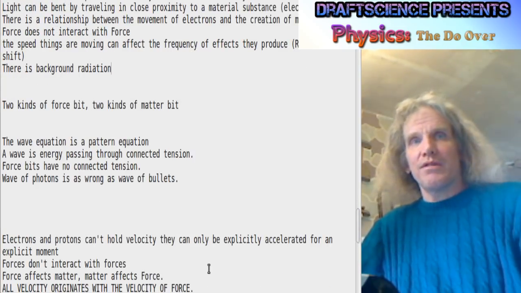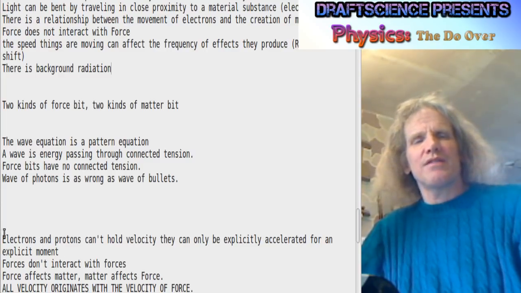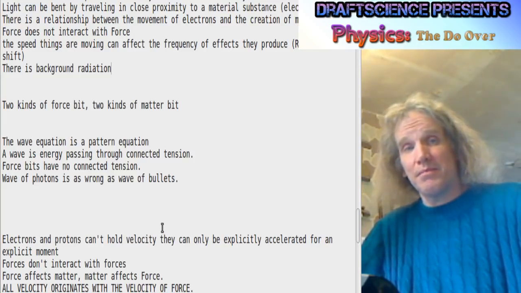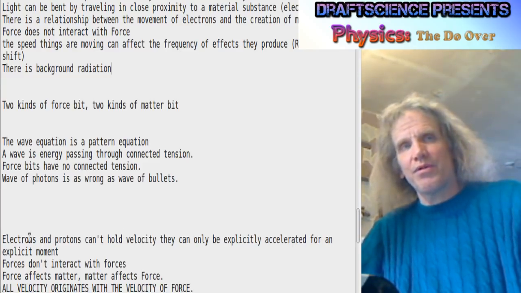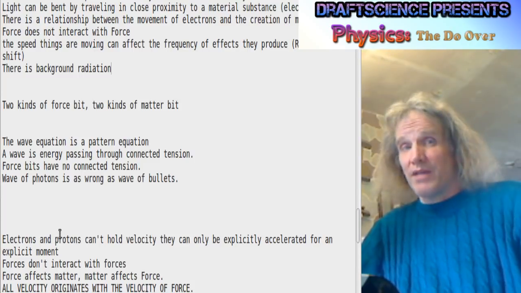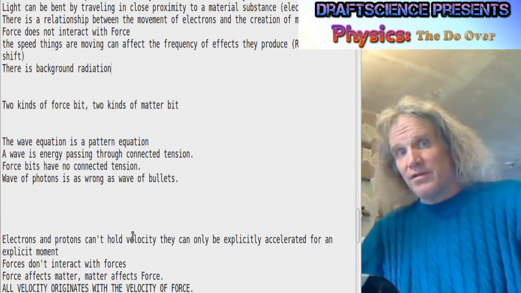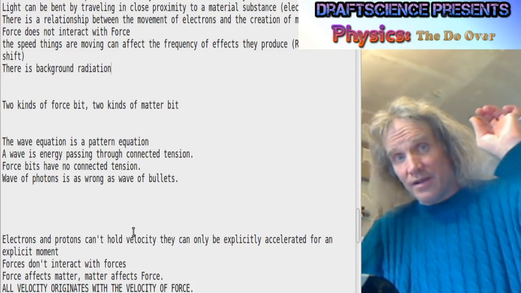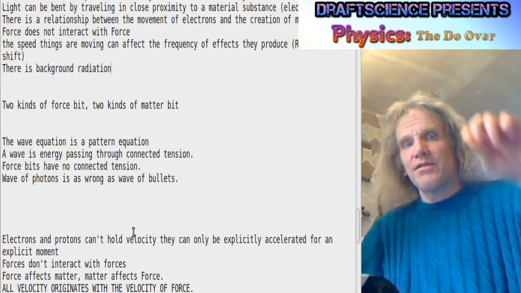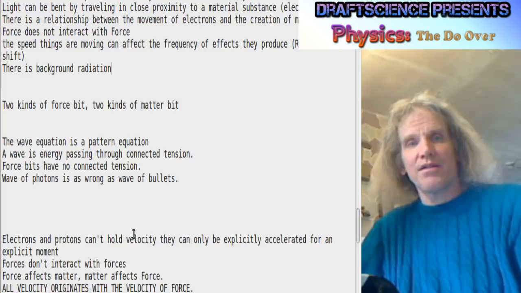Alright, so there's lots of little talking points. I might as well read down some of these things just since they're here and I'm here. As I've been mentioning the last couple of videos, another one of these talking points to be made is that when they called it Schrodinger's wave equation, it's really not a wave equation. It's just a pattern equation. It doesn't identify the source of the angular change. It just identifies the fact that there is an angular change, and you can rule in a lot of other causes for that angular change.